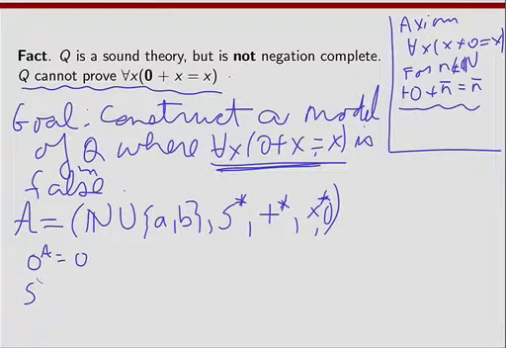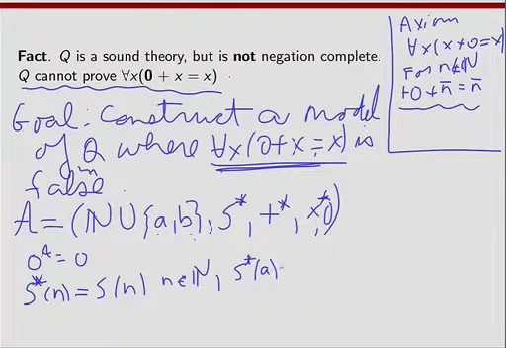The successor function of n, where n is a natural number, is just going to be the usual successor function. Now, what does the successor do on these deviant, new elements of the domain? Successor of A is just going to be A, and successor of B is just going to be B.